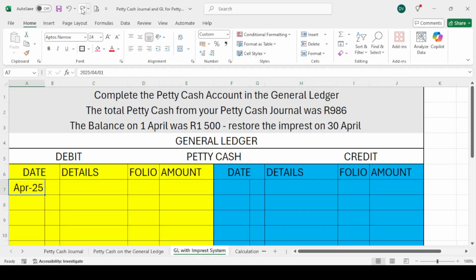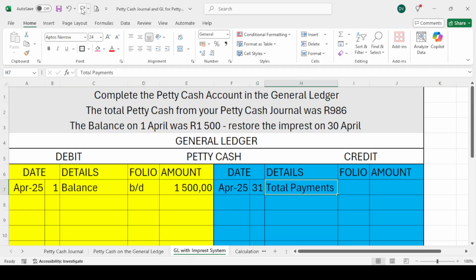So on April the 1st, we had a balance that was brought down, and the amount was 1,500 Rand. Also, April on the 31st, we had our total payments. Where did we get it from? We got it from our petty cash journal, and the amount was 986 Rand.